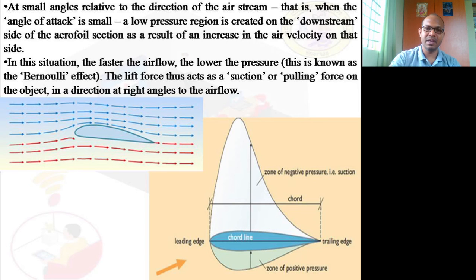Now this is the upstream and this is the downstream. The tail part in the first figure tells us the downstream, and the front portion we call the upstream. If it is going backward, this is called the downstream. Is it clear?